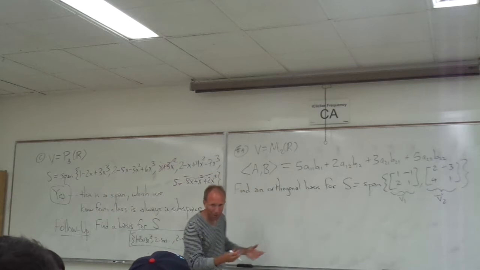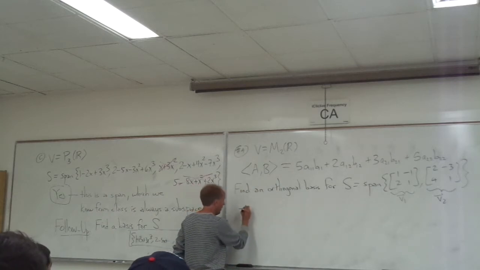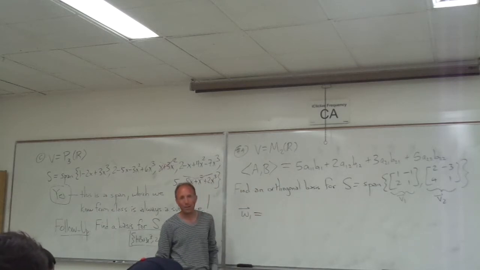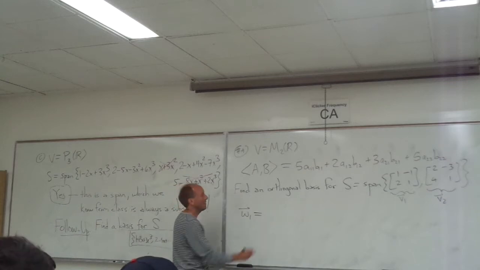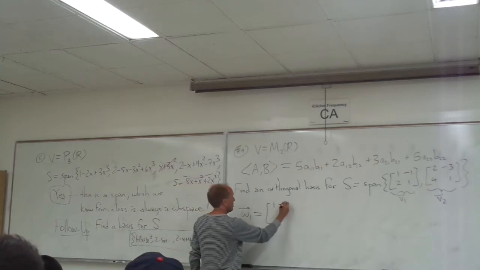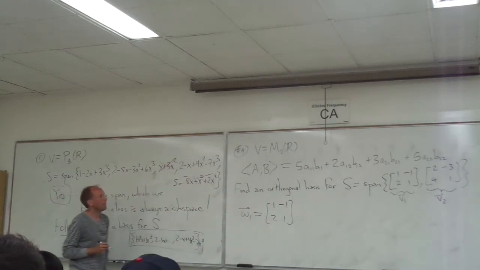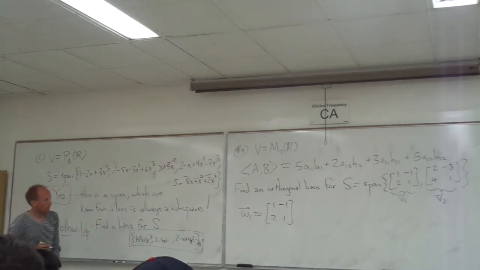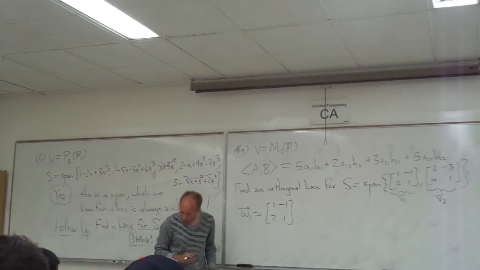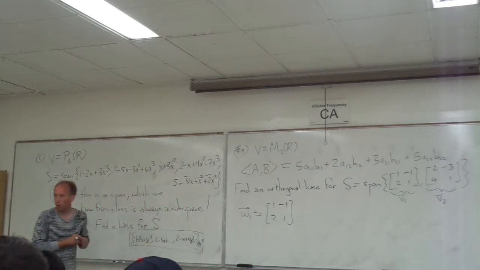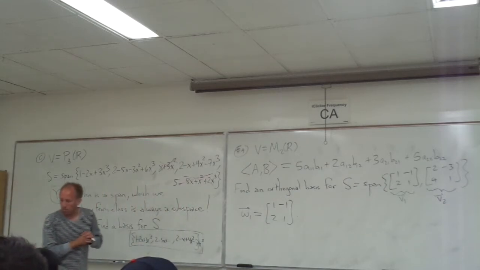Remember, I'm going to give you the formulas, so you don't have to worry about it. W1, you probably remember the formula. It's just equal to V1. So W1 turns out just to be 1, -1, 2, and 1. Again, this is problem number 26 in section 4.12 from the homework assignment.